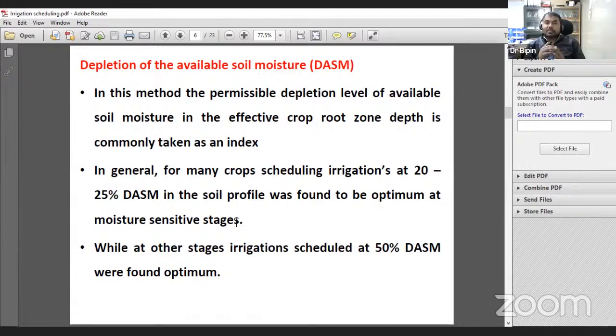These are the sensitive stages for the crop. So at that time, you should not allow your soil to deplete more than 25% of available soil moisture. Maximum is 25. If 25% is depleted, then you need to go for water application. But at other stages, like vegetative and ripening phases, you may allow depletion up to 50% of available soil moisture.